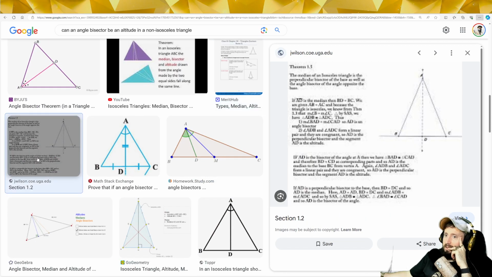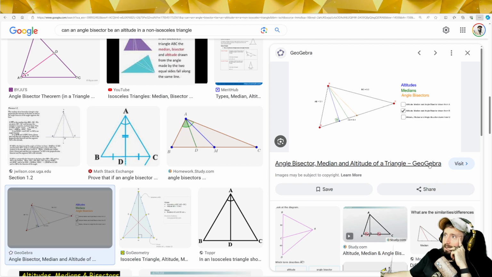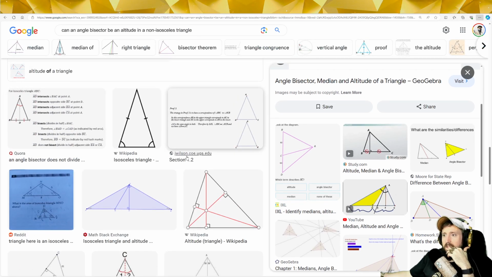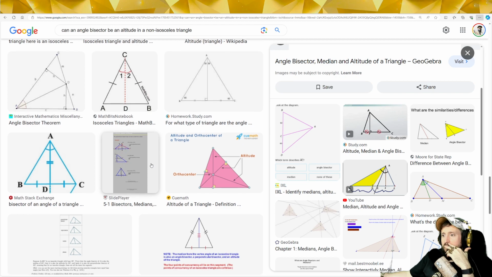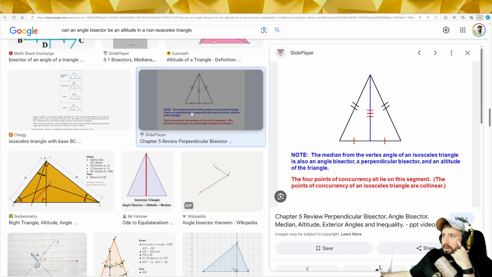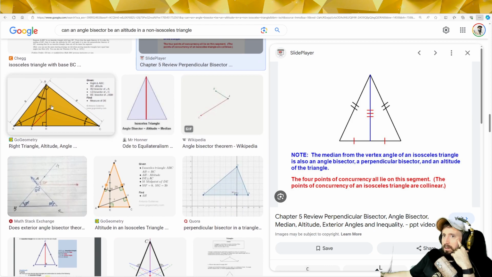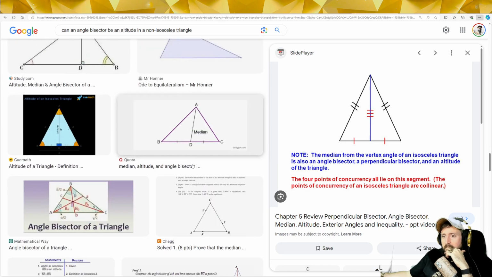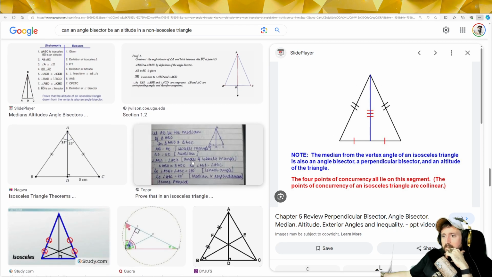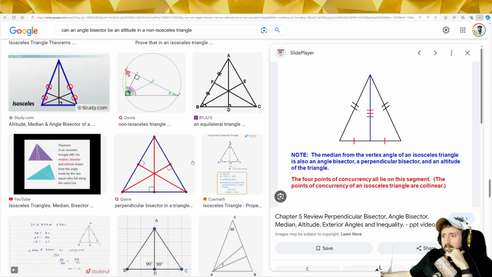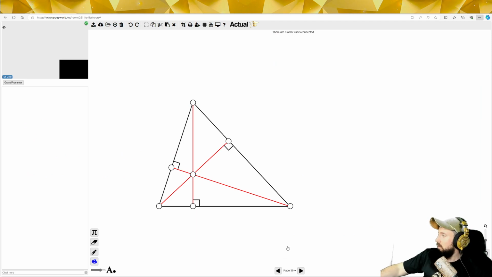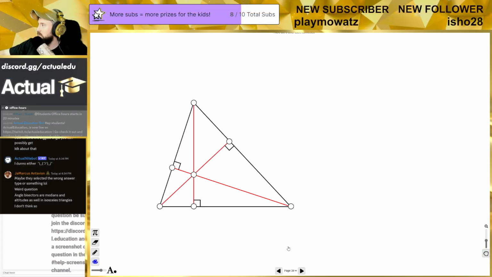Fucking triangles, dude. Yeah, maybe this question may be written wrong, honestly.